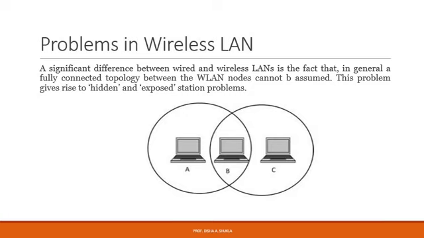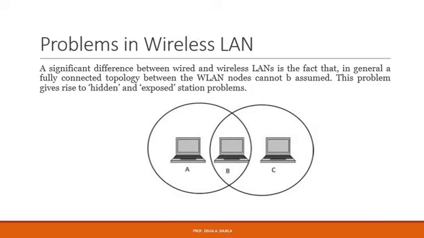As you can see in the figure, the transmission range of A reaches B but does not reach C, and similarly the range of C reaches B but not A. Also, the range of B reaches both A and C. Now node A starts to send something to B, but C does not receive this transmission.